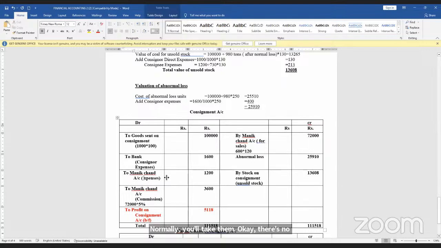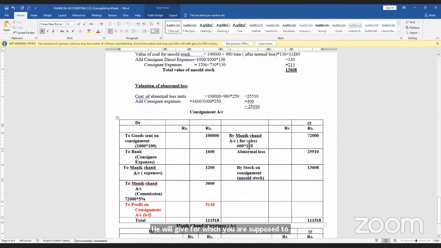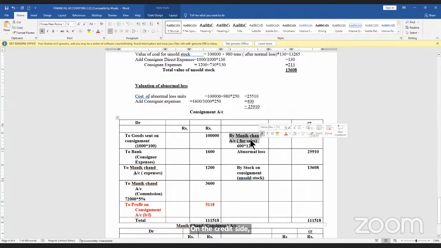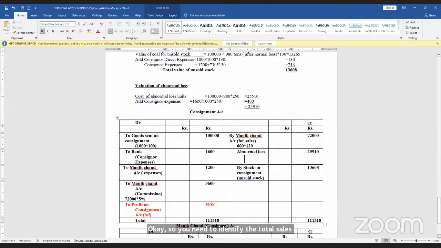Then commission is based on the sales, and the percentage he will give, for which you are supposed to calculate based on the sales. On the credit side, sales; this information also will be given to you. The only thing you have to identify. He will not give it in easy terms every time. So you need to identify the total sales made, number of units sold at what price. If abnormal loss is given, you need to do the working notes and find.